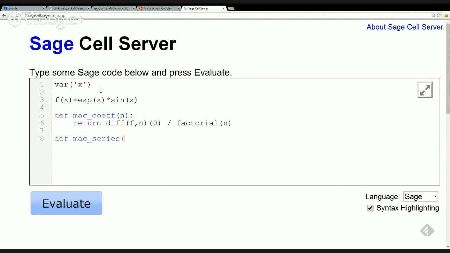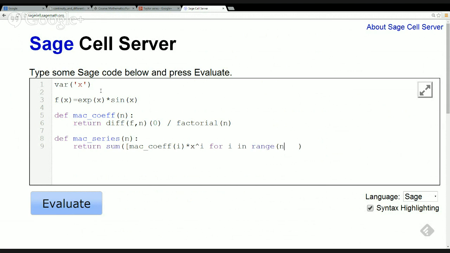And then I'll define another function, which will be Maclaurin series n. And we'll get this to return the Maclaurin series up to order n. So this should return the sum of a certain list, and the list will be maccof i times x to the power i, and it should do that for i in the range.